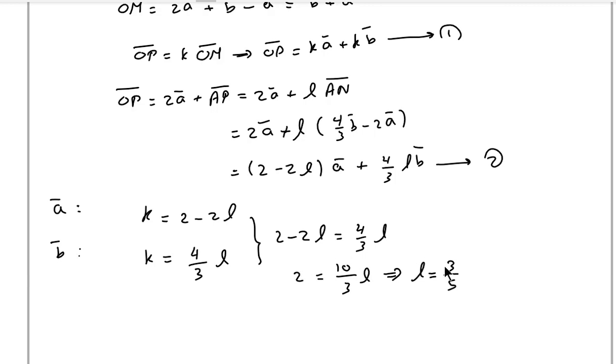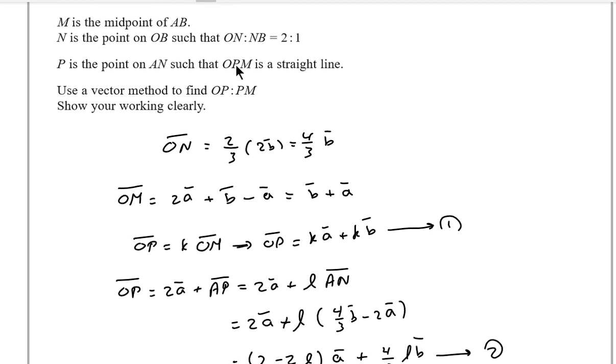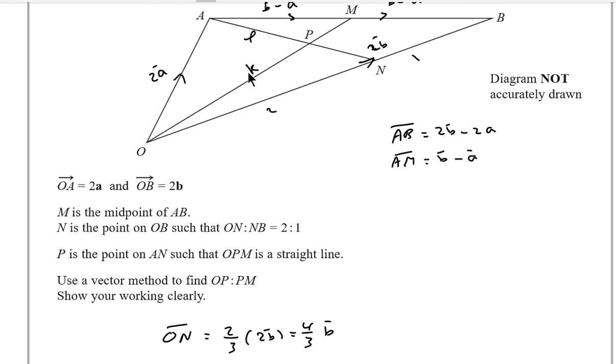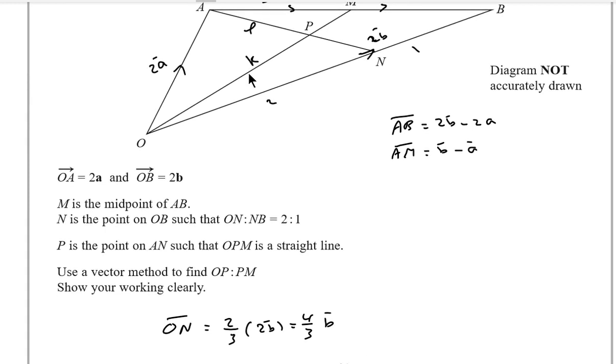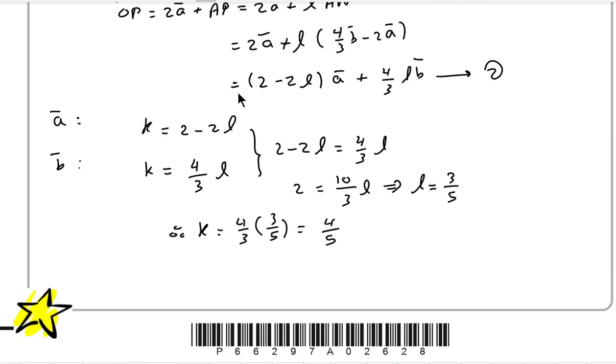Since L is 3 over 5, we can find K to be 4 over 3 times 3 over 5, which is 4 over 5. Don't forget the required: it was to get OP to PM, and we get the value of K as 4 over 5.